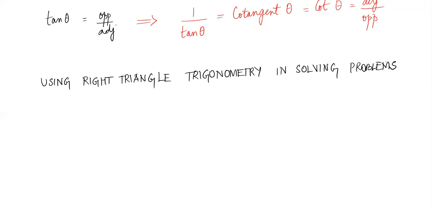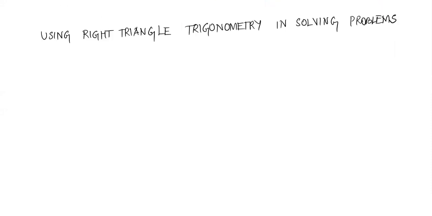If we had any missing information, we can actually use the concept of trigonometry, these 6 trigonometric functions, to find the missing information. Okay. So here's our first question. This section is to do with missing side lengths.